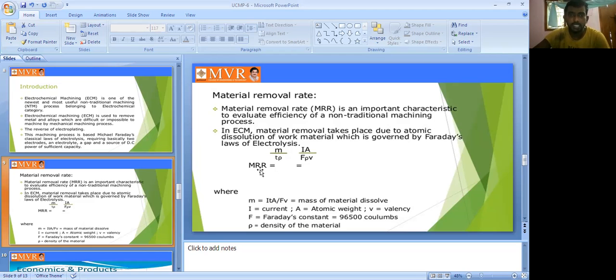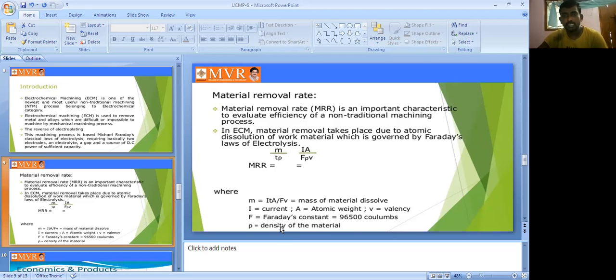What does MRR mean? See here: M by t equals I A by F rho V, where M is the mass of material dissolved. I is the current, A is the atomic weight, V is the valency, F is Faraday's constant, which is always constant: 96,500 coulombs.